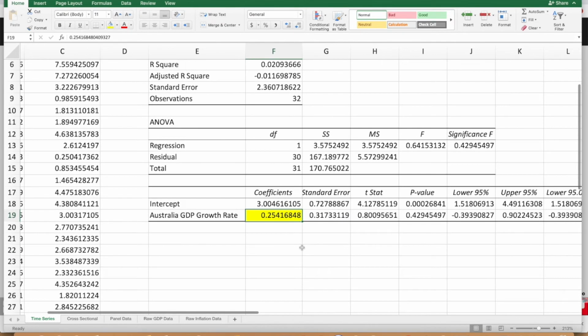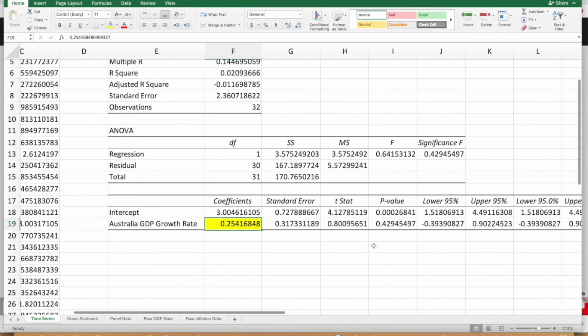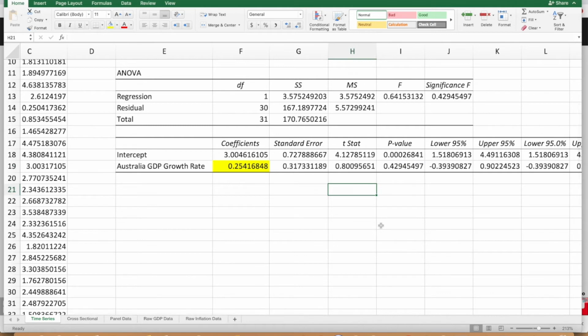Now the question is, did that land far enough away from 0 for us to reject the null hypothesis? And the answer is going to be no on this one, because our p-value is 0.429. If we remember the common significance levels, the most common one is 0.05, the 5% significance level.